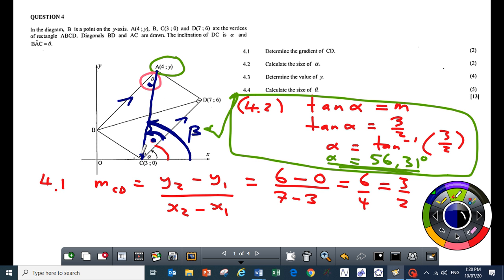Which two lines are joined by that transversal, making two angles with the transversal? It's CD and AB. You can't say this angle is equal to that, and then say BC is parallel to AD. That's not correct, because AD and BC don't take part in the formation of this angle and that angle.